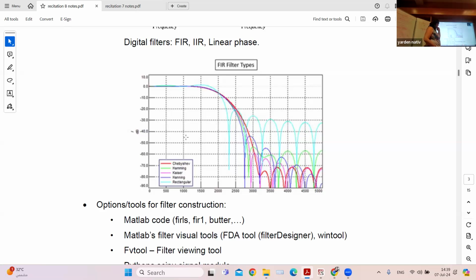This is another power spectrum of possible filters. This is how the filter looks. This is power in decibels.